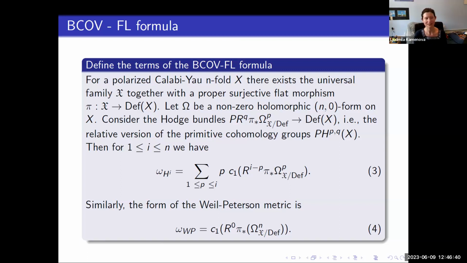You can express both of their Kähler forms. This is the formula that Fang and Lu give in their paper. And together with Yoshikawa, they can actually compute things in the dimension 3 case for quintic Calabi-Yau threefolds.